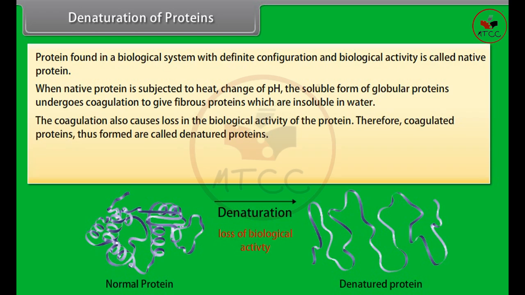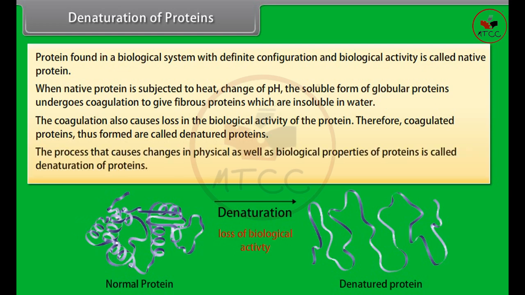The coagulation also causes loss in the biological activity of the protein. Therefore, coagulated proteins, thus formed, are called denatured proteins. The process that causes changes in physical as well as biological properties of proteins is called denaturation of proteins. For example, coagulation of egg on boiling and curdling of milk.